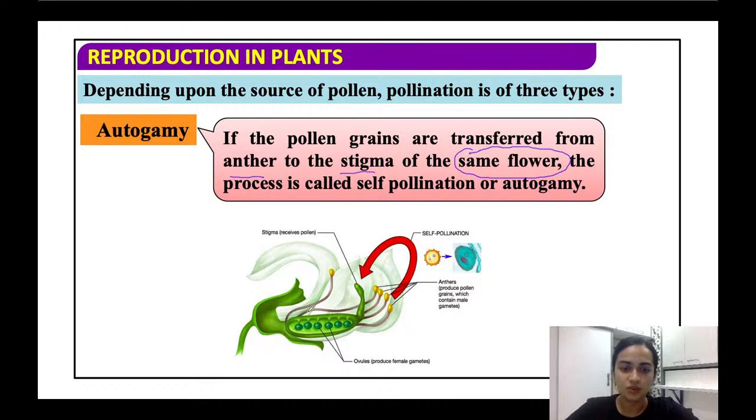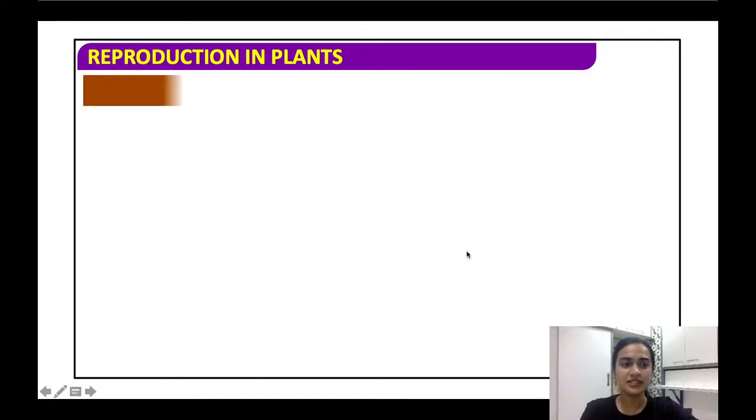See here, this is an example of pea. You can see all the pea here. The pollen moves from this anther to the stigma in the same flower. I hope this is clear.